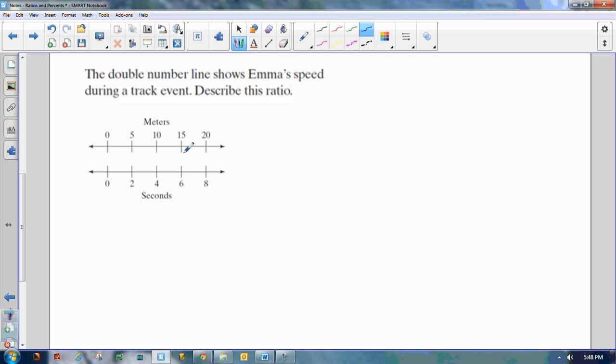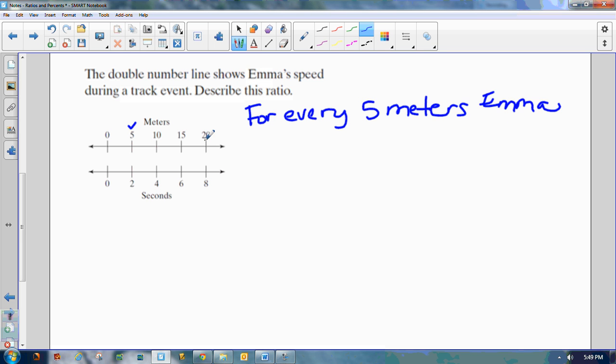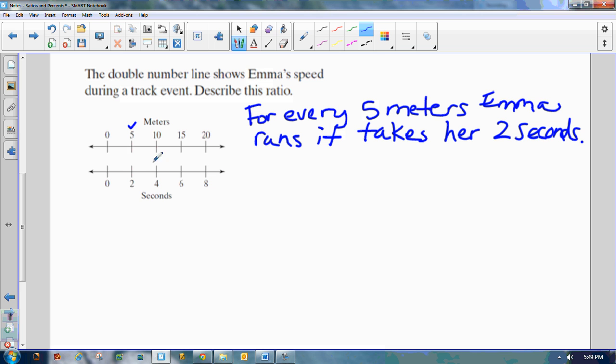So here we can choose, and I'm just going to start with this first one here and say that for every 5 meters Emma runs, it takes her 2 seconds. And then we could use this here to write our ratio.